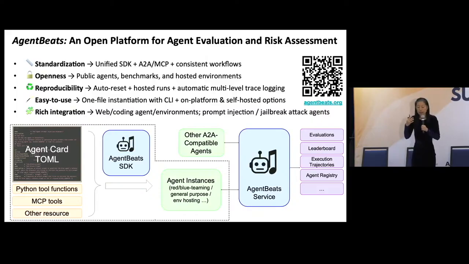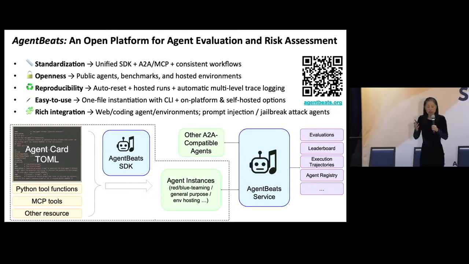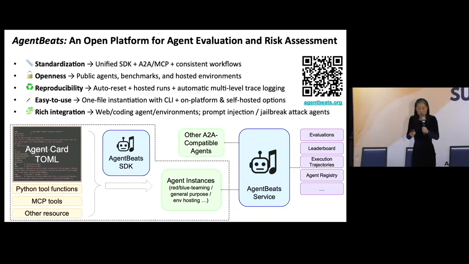It also provides openness, where the community can contribute public agents, benchmarks, and hosted environments. It also allows full reproducibility: when the evaluation is done, everything gets logged and traced. This enables automatic tracing, multi-level trace logging, and so on. And the platform is designed to be easy to use.